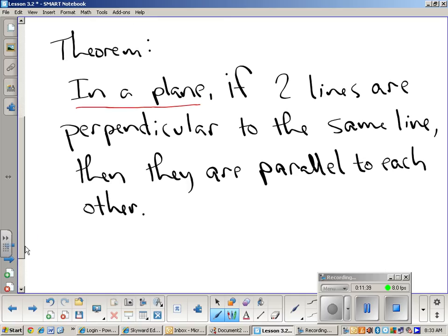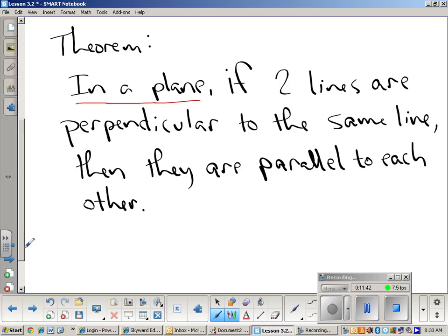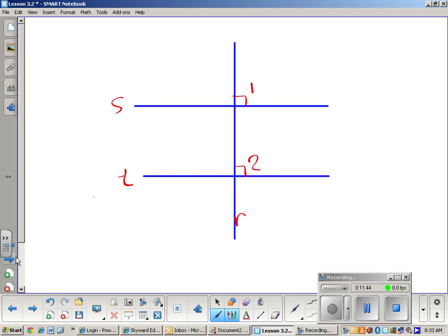If you've got enough time to copy that down, let's look at a picture of that. Lines S, T and R. Line R is perpendicular to line T, and it's perpendicular to line S. So what kind of angles are angle 1 and angle 2? Based on the three types of angles we learned in the last 2 days, they are corresponding.